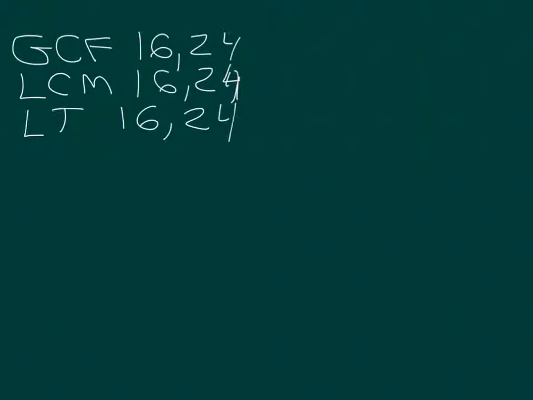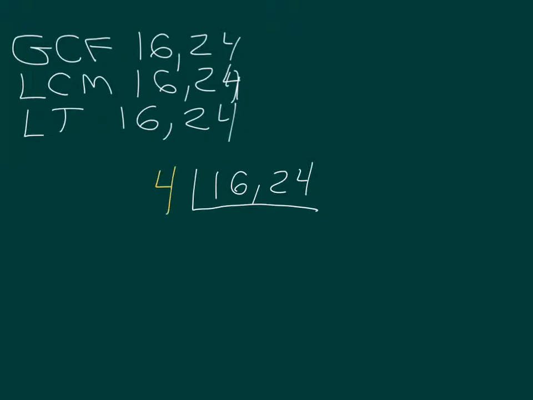Okay, let's do one last example. Let's find the GCF, LCM, and lowest term of 16 and 24. So we put 16 and 24 into the middle here, and we get started. Well, again, there's lots of ways of looking at it, but let's go ahead and pick some number that can evenly divide into 16 and 24. Now, let's go with 4 this time.